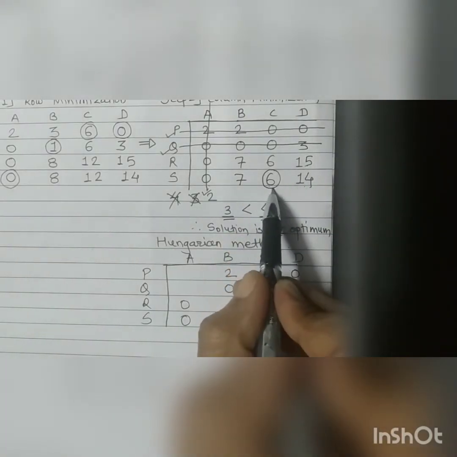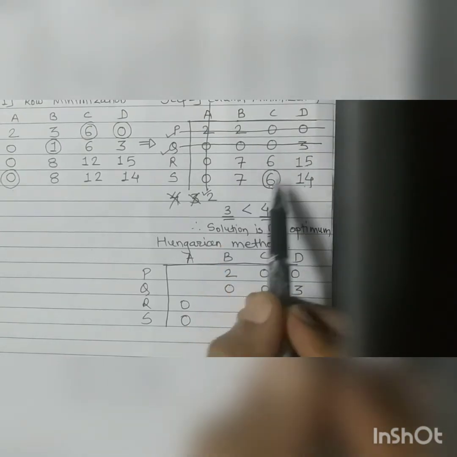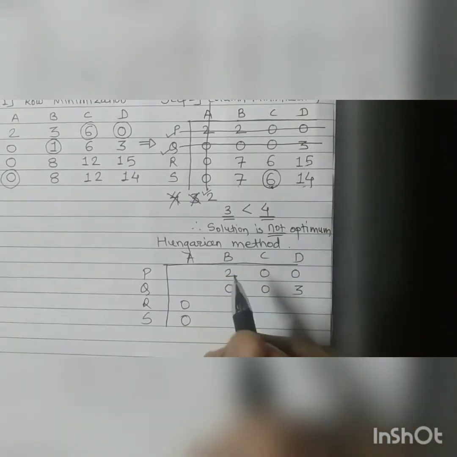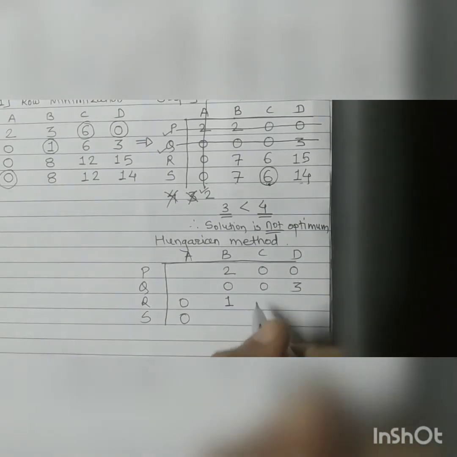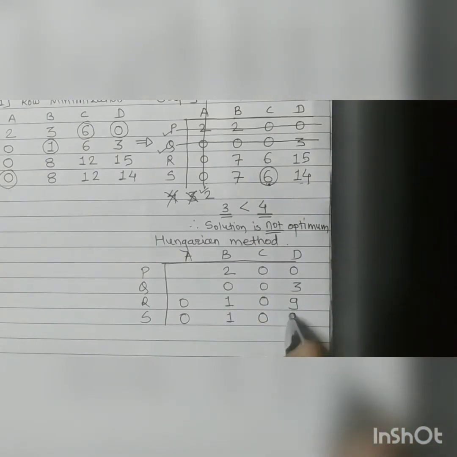Now subtract this 6 from each and every element in the same group. That means 7 minus 6, 6 minus 6, 15 minus 6, 7 minus 6, 6 minus 6, 14 minus 6. Right? So 7 minus 6, I will write down 1, then 0, 15 minus 6, that is 9, 7 minus 6, 1, 0 and 14 minus 6, that is 8.